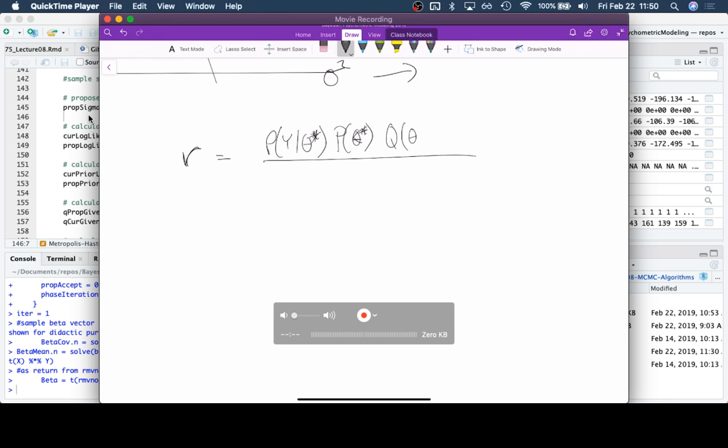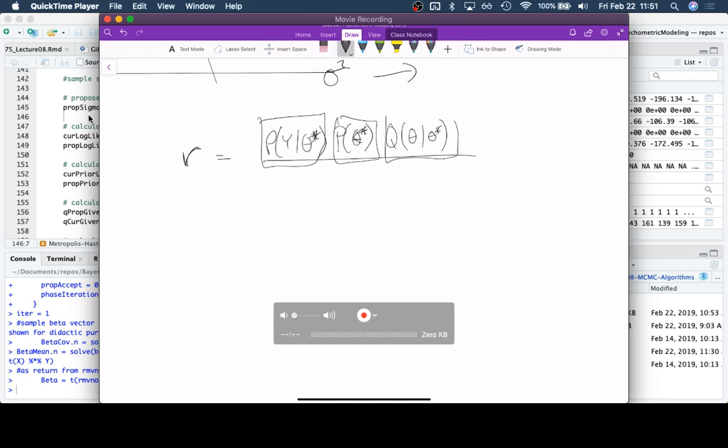So how likely would you have jumped from our proposed to our previous, conditional on starting at our proposed value. That's the numerator. This part is data likelihood evaluated with our new parameter in it. This part is prior likelihood evaluated with our new parameter in it.